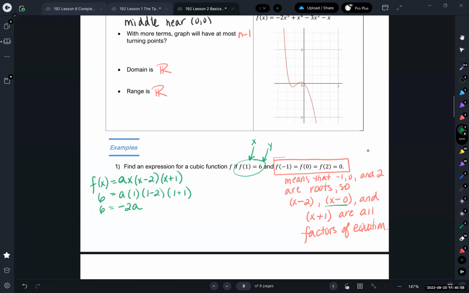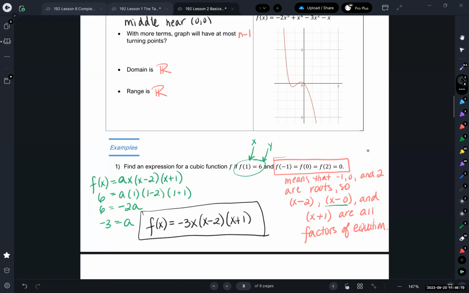So divide by -2. And I get a equals -3. So that gives me a final answer, just plugging in what that a is and leaving my 3 factors. This is an expression for a function that has those 3 roots and that 1 additional point.